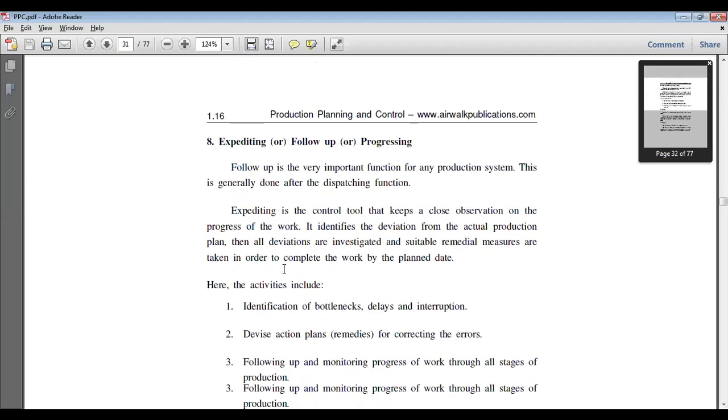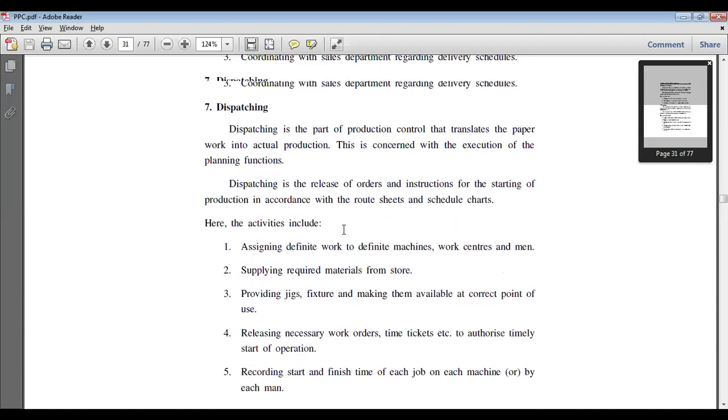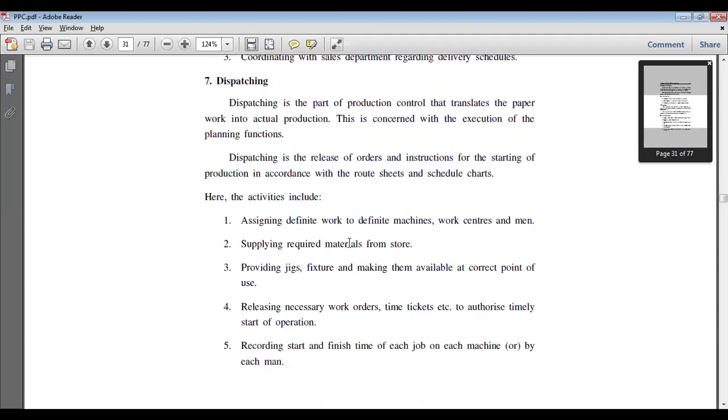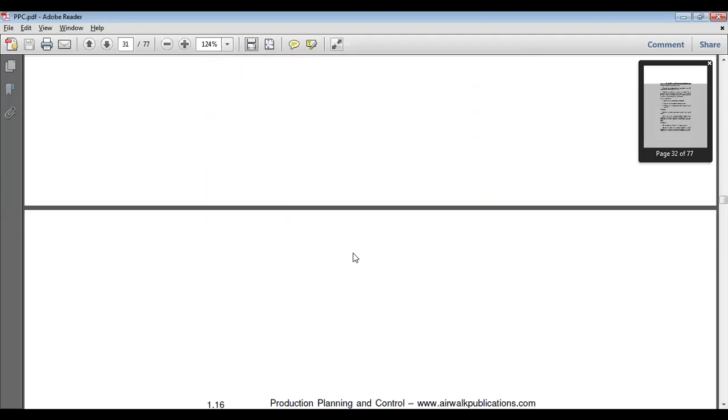Coming to the next, expediting, or follow-up, or progressing. We have designed a good pre-planning and planning stage.